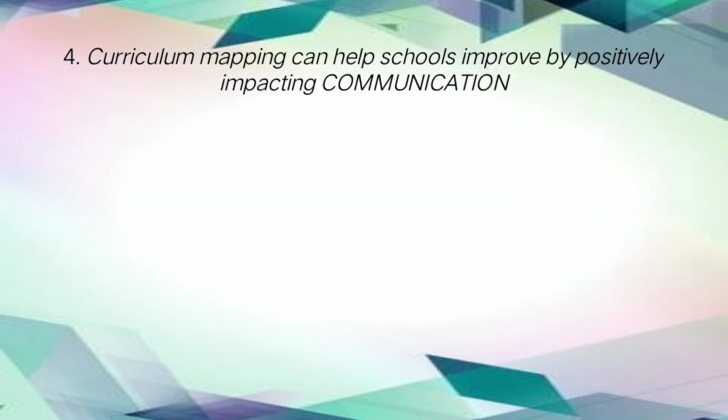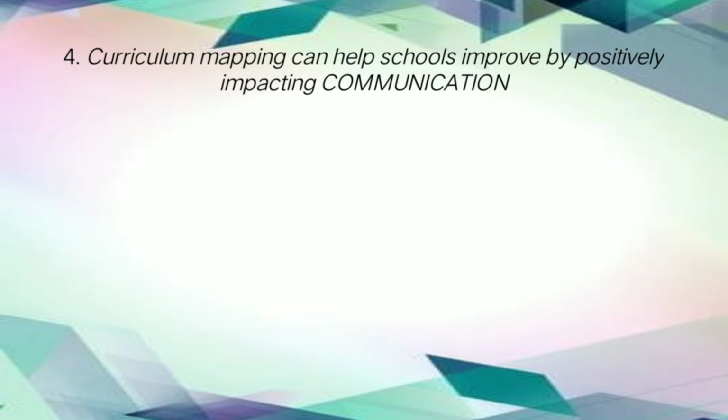The fifth one is curriculum mapping can help schools improve by positively impacting communication. So we need transparency. Transparency is very important because communication is enhanced through the internal transparency of curriculum maps. Teachers become aware of what is happening in classrooms other than their own.